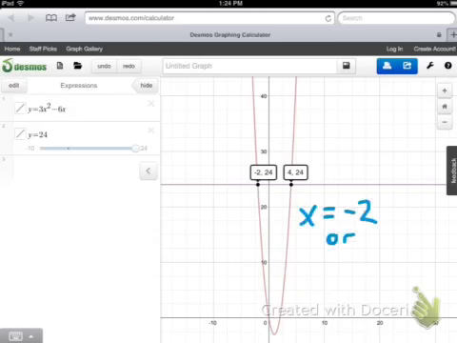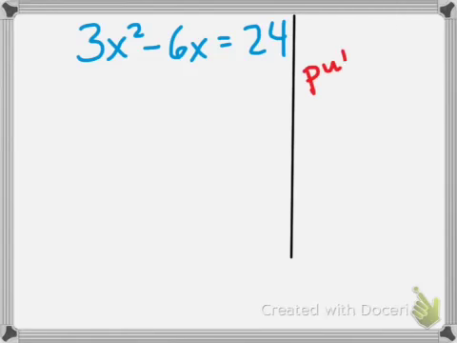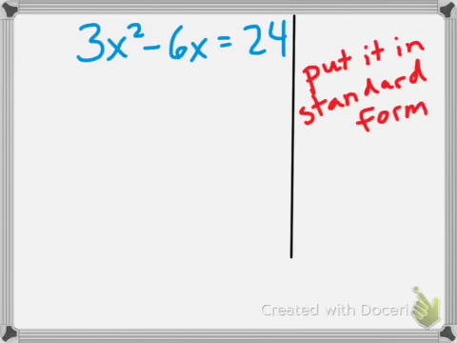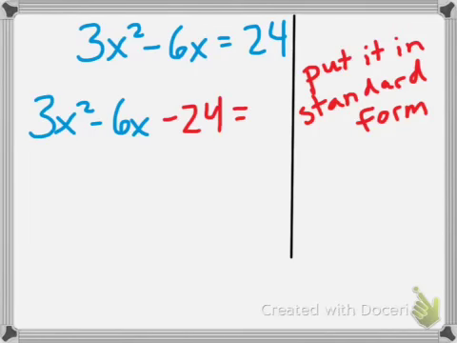All right. First thing you want to do, put it in standard form. So standard form means everything on the same side of the equation, like this. So we just subtracted 24 from both sides, moved it to the other side, and made it the opposite sign.